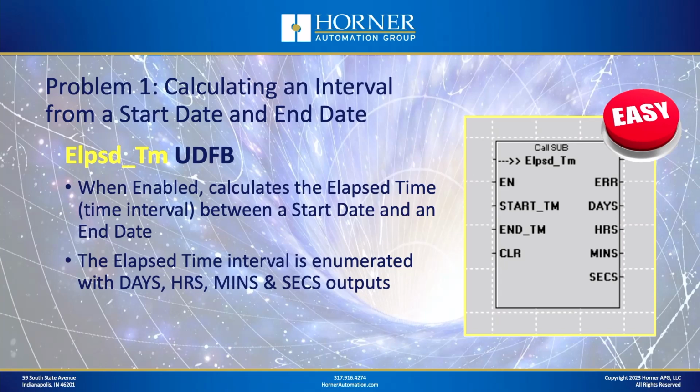In this particular example, where we're asking how many hours or how many days it has been since we last performed service on this machine function, maybe all we're interested in is days. Or maybe for some frequently serviced systems, hours is what we're interested in. So we may decide to completely ignore hours, minutes, and seconds and throw that information away, or maybe ignore everything but days. But regardless, the information we need to solve this problem is available with this user-defined function block.